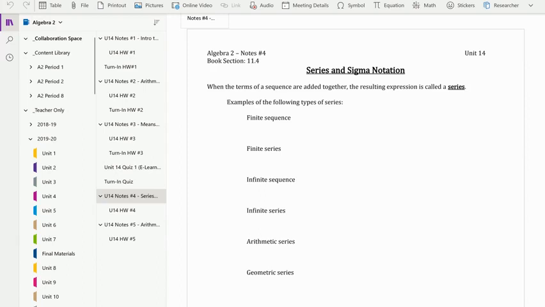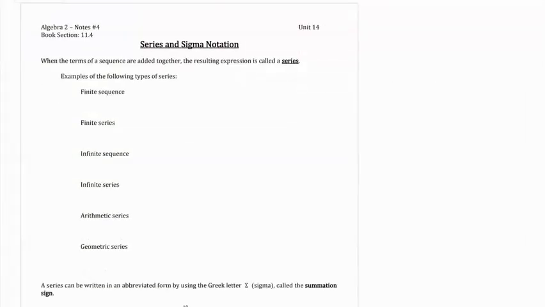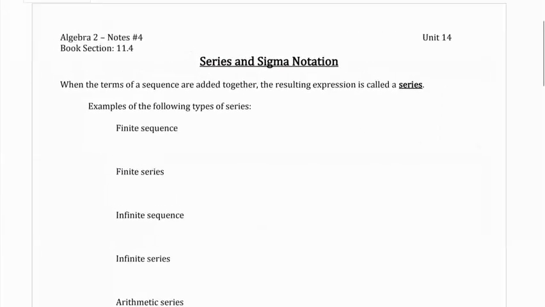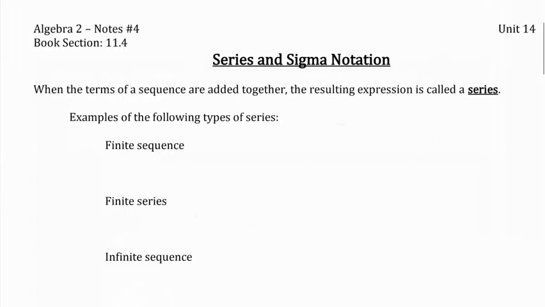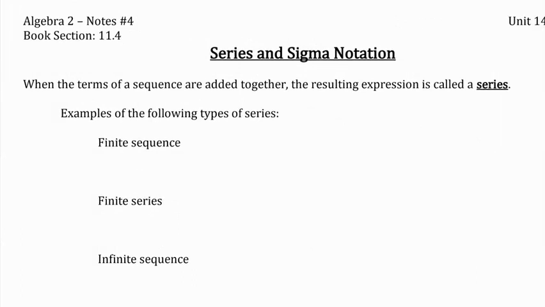Okay, so let's go through some vocab here to understand what these words mean. Some different types of sequences and series. If I have a finite sequence, the word finite means that it has an end, it has boundaries.